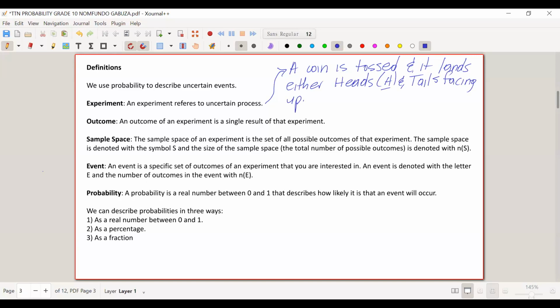So an outcome is a single result. So an outcome of this coin toss will be the coin lands, let's say, with heads facing up.